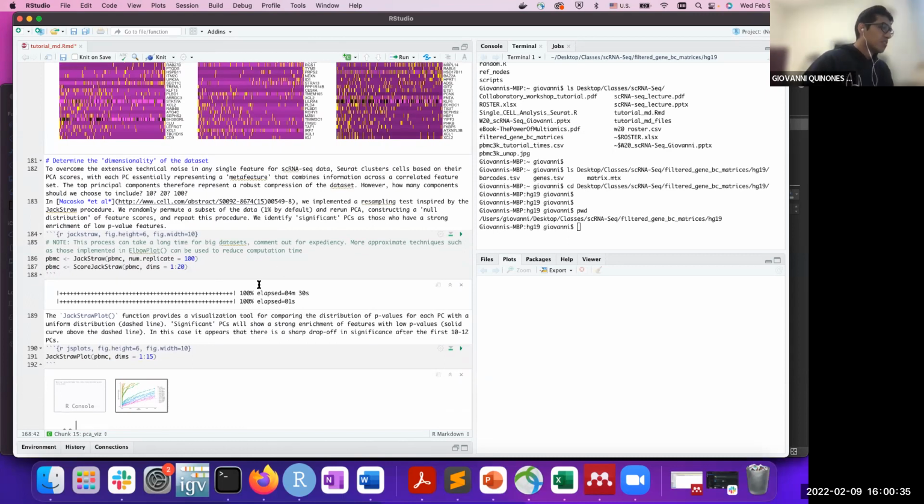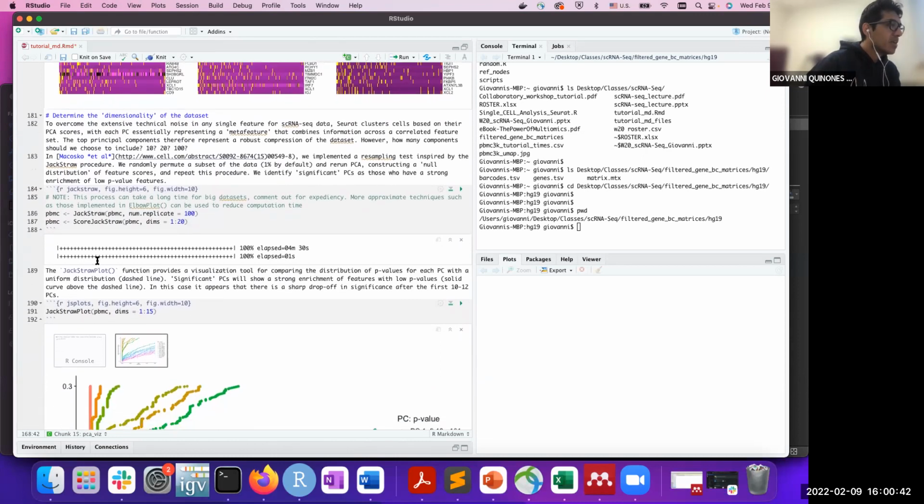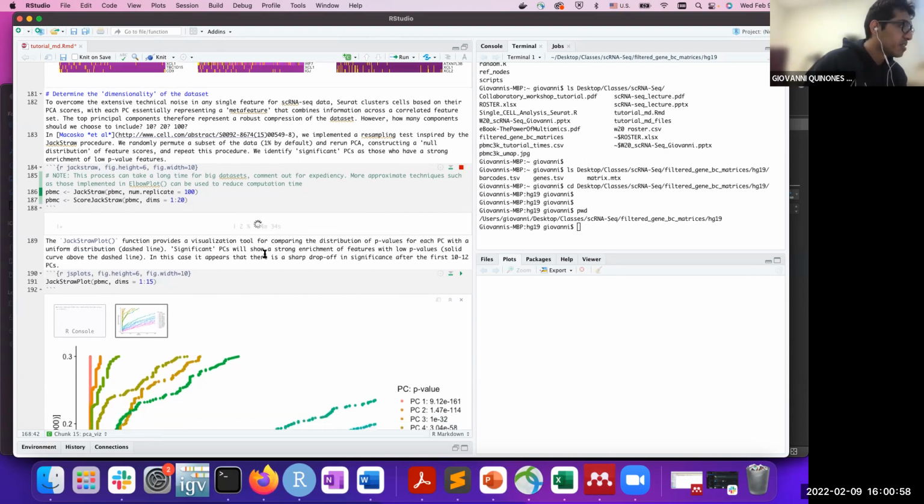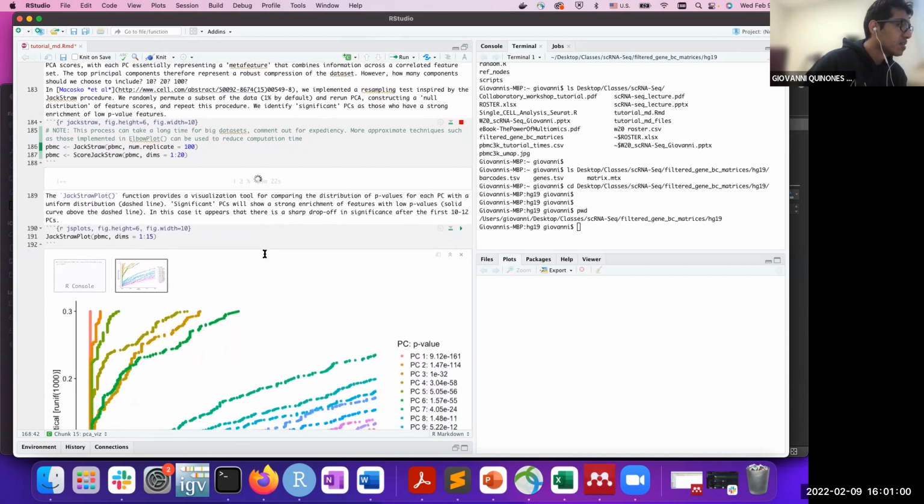So in order to do that, we're going to try this first method, which is called jackstraw. And we can run this line of code around line 186. I believe this step may take a little while.